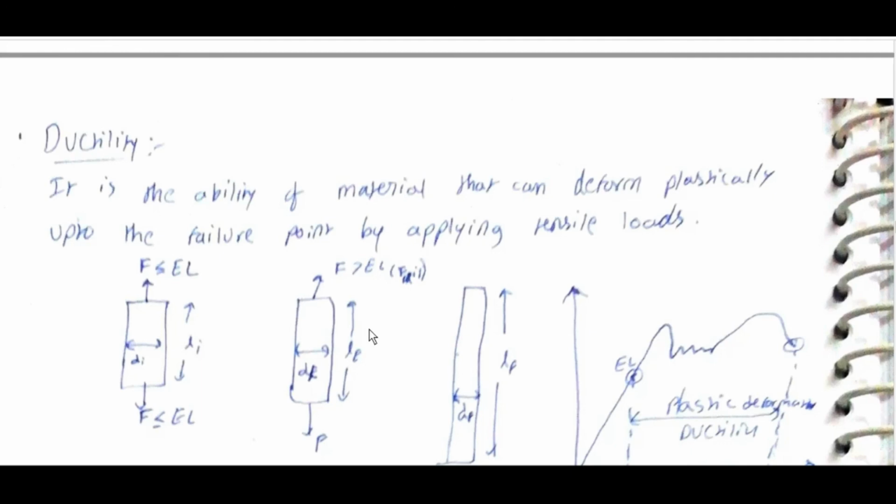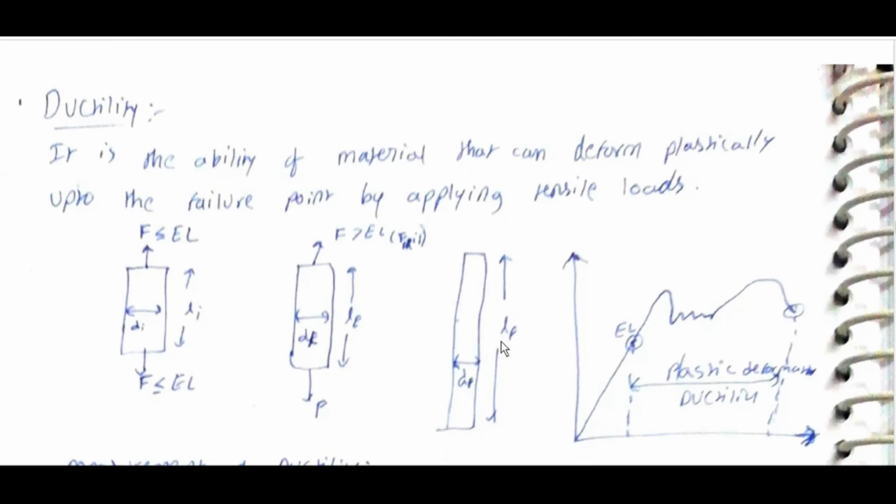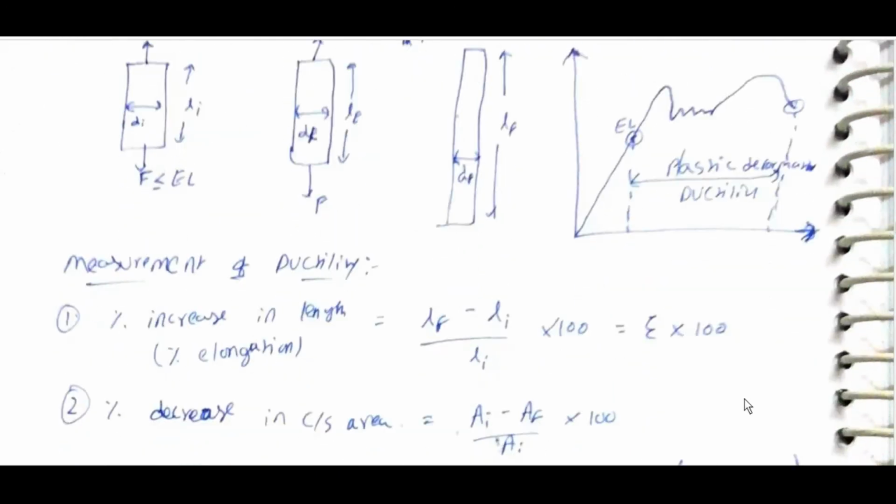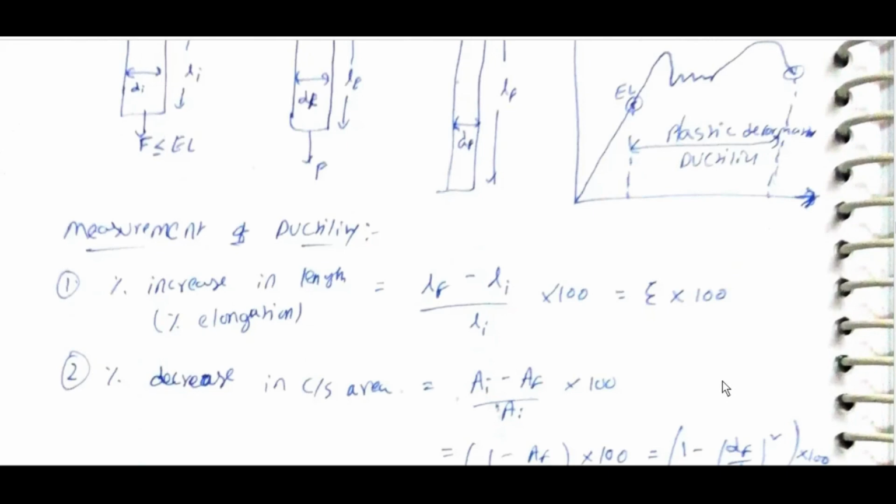F greater than elastic limit gives plastic deformation. From the elastic limit till here is plastic deformation, ductility. Measurement of ductility: percentage increase in length, percentage elongation.